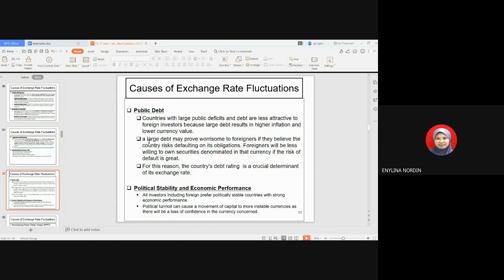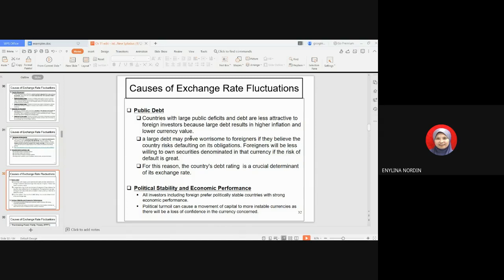So there is a high possibility of the country not paying its debts. So foreigners will be less willing to own securities denominated in that currency if the risk of default is greater.